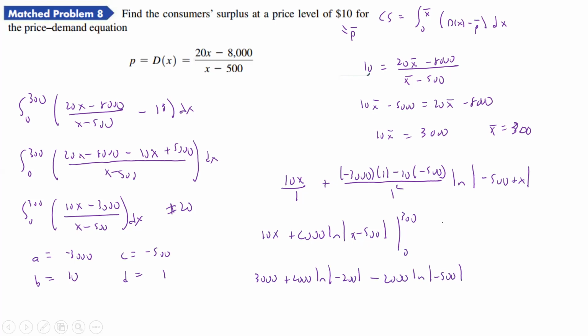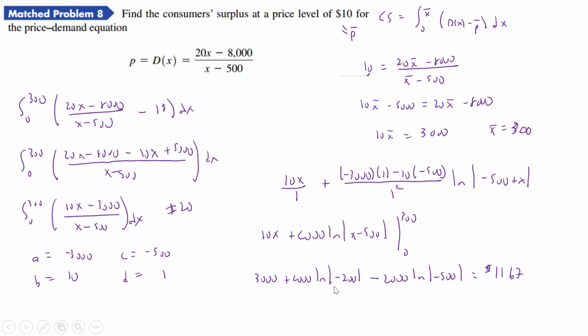If I plug that into my calculator, I'll have 3,000 plus 2,000 ln of the absolute value, so 200, minus 2,000 ln of 500, and I get 1167 if I round to a whole dollar. So that's the consumer surplus at a price level of $10 for the price demand equation. That would be my final answer.